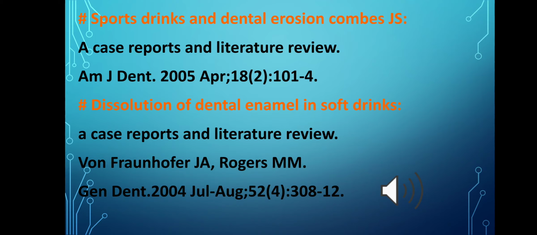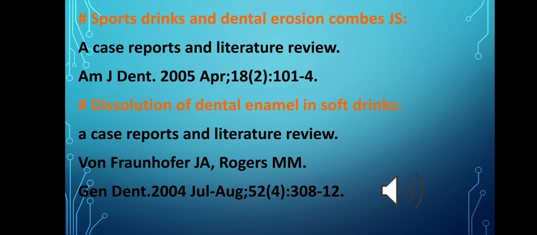Furthermore, although there is much in vitro evidence that acidic drinks such as wine, fruit juices, and carbonated soft drinks have erosive potential, and there are relationships between consumption of these drinks and erosion, only one study has reported an association between sports drinks and dental erosion.